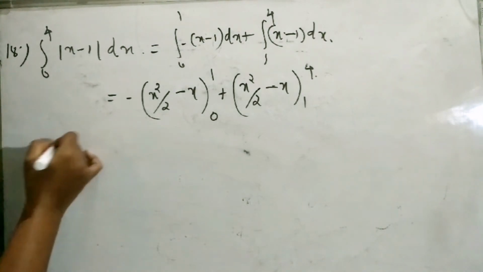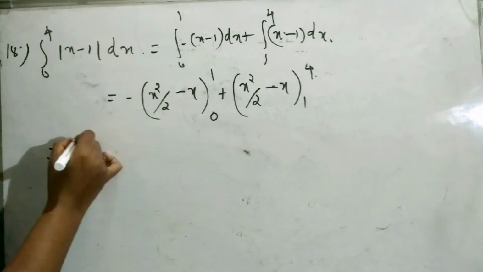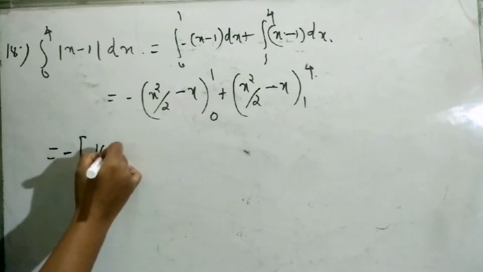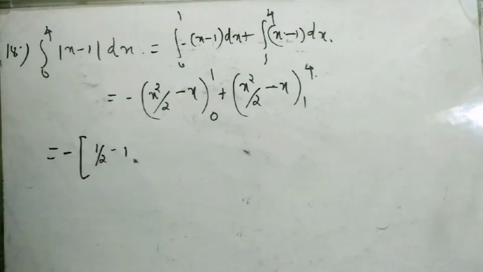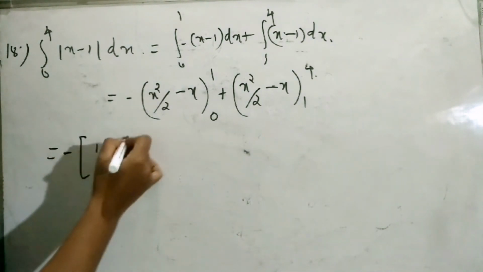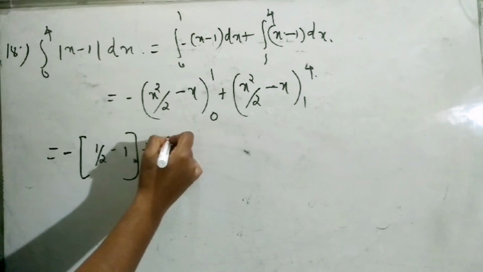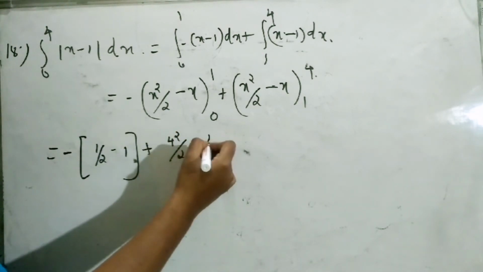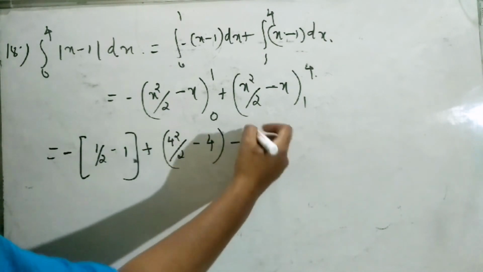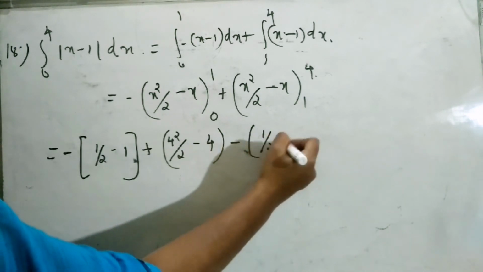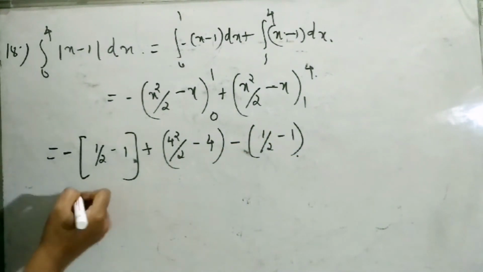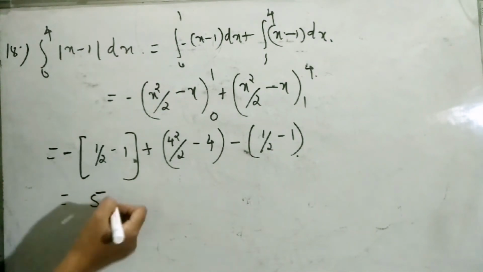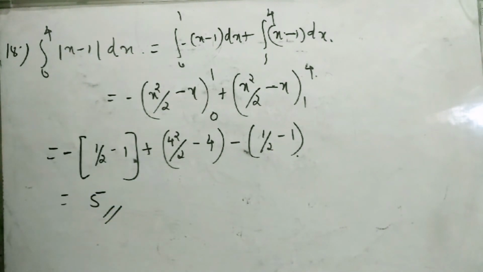Now just substitute the upper limit and the lower limit. Minus of 1 by 2 minus 1, and if you substitute 0, you will get 0 only. So 1 by 2 minus 1 plus 4 square by 2 minus 4 minus 1 by 2 minus 1. Do this calculation, and after all the calculations you will get the answer as 5.